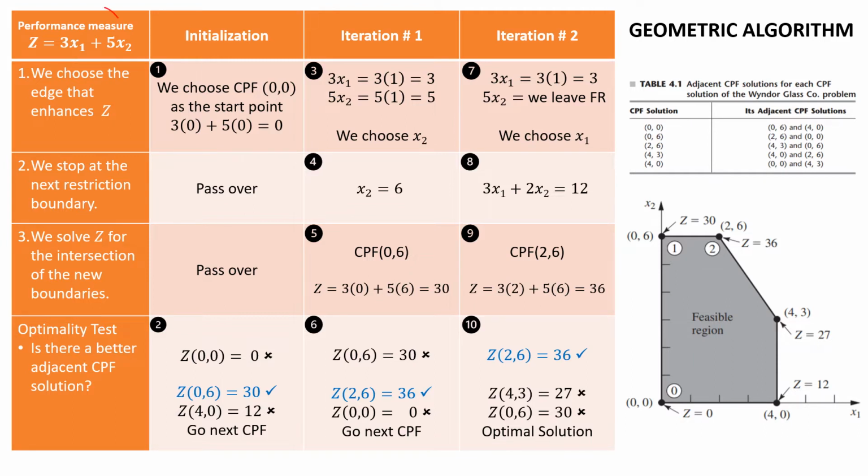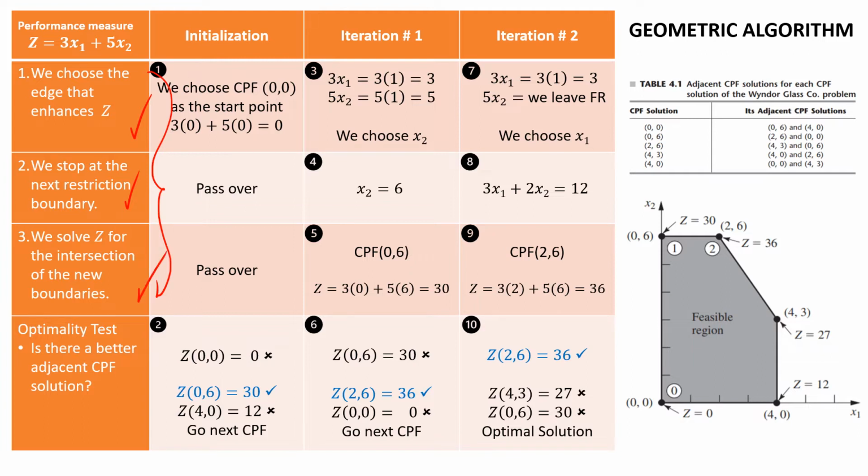Our performance measure is given by Z equals 3x1 plus 5x2. That's our objective function. The algorithm has three main steps. Step number 1, we choose the edge that enhances the performance measure. Step number 2, we stop at the next restriction boundary.